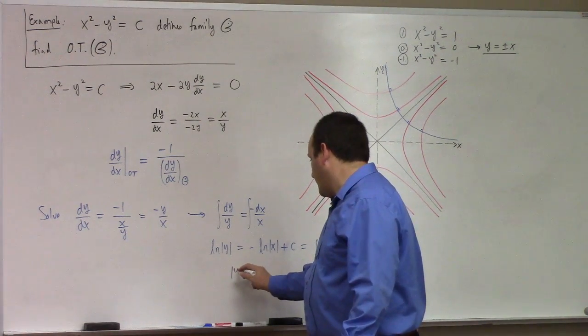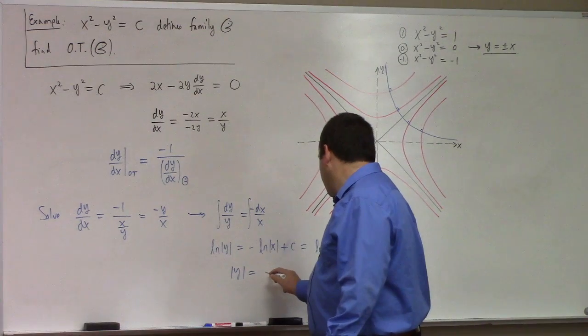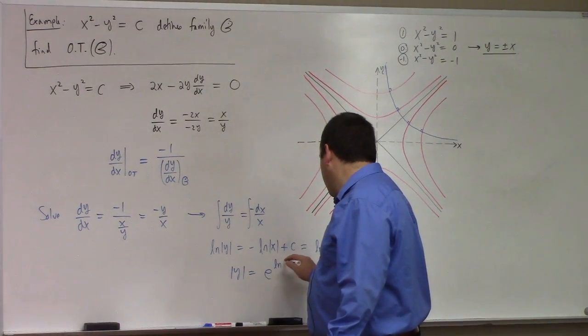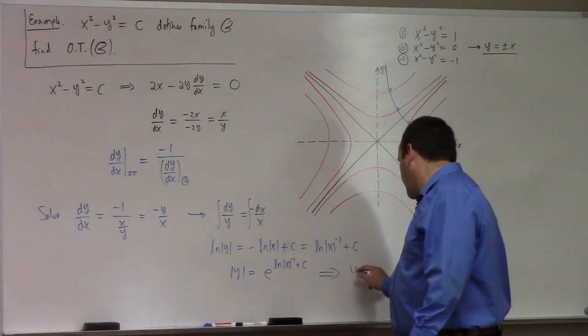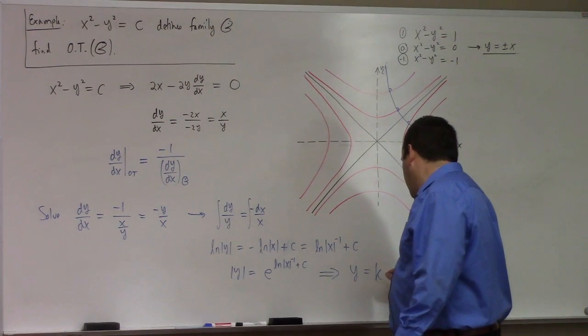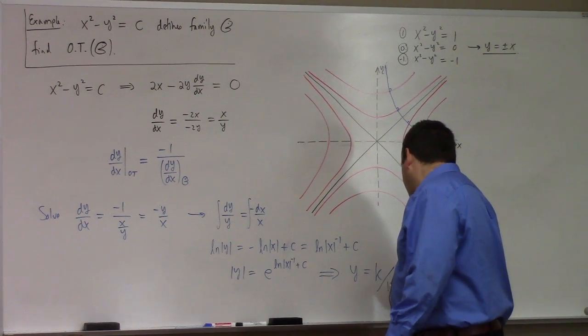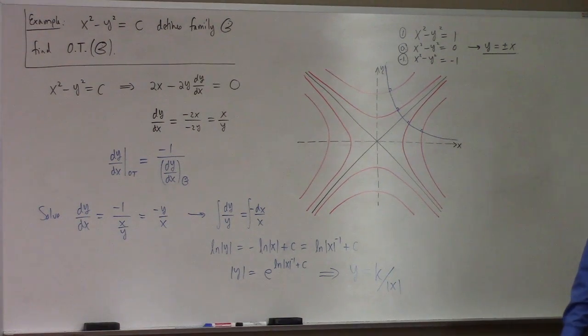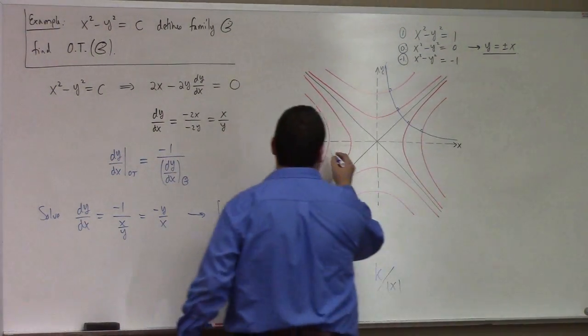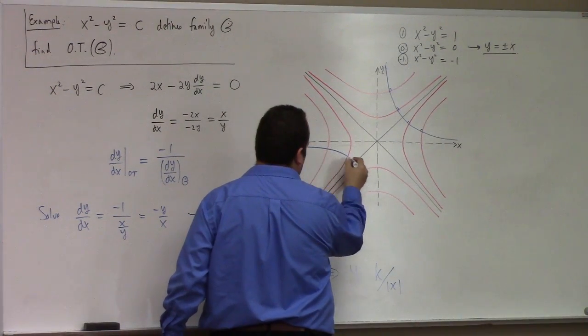And so we get the absolute value of y is equal to e to the natural log of the absolute value of x to the minus 1 plus a constant. Cleaning that up a bit, that gives me y is equal to k divided by the absolute value of x. So, in other words, it's exactly these reciprocal function curves.